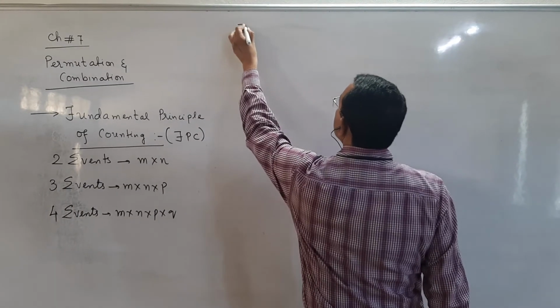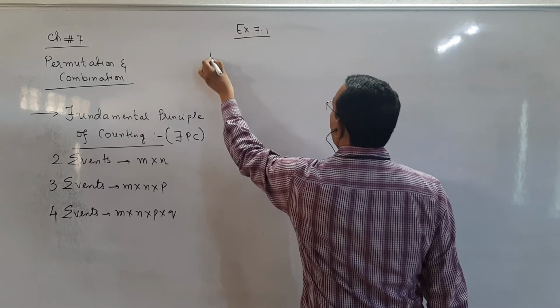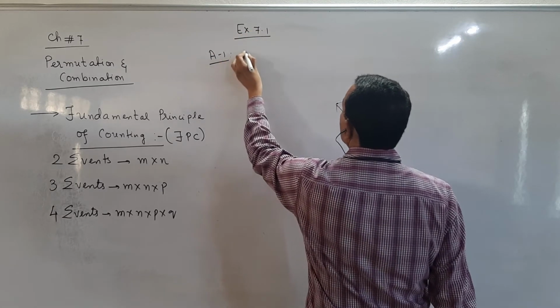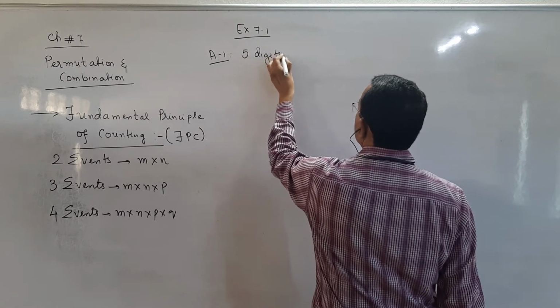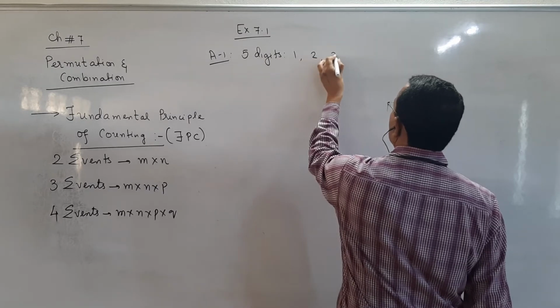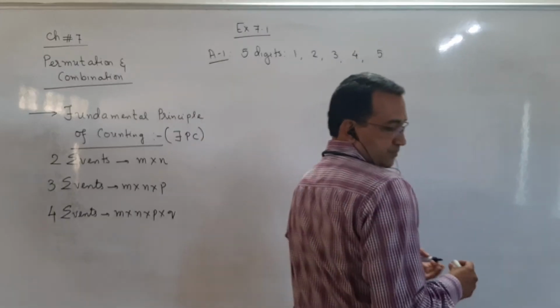Students, exercise 7.1, answer 1. You are given 5 digits and these digits are 1, 2, 3, 4 and 5.